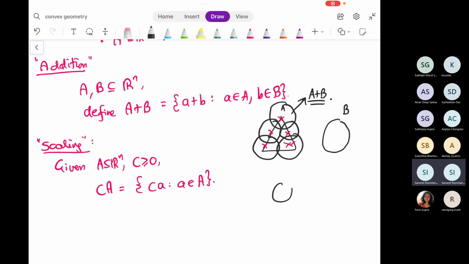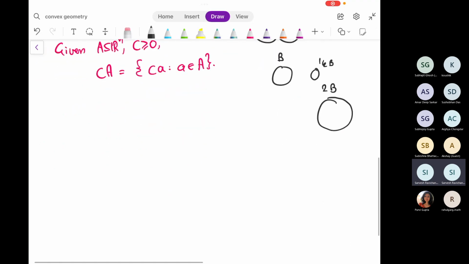So for example, if this is B, then you would expect half B to be something half the size and 2B to be something twice the size. So that's the natural way of thinking about scaling, right?